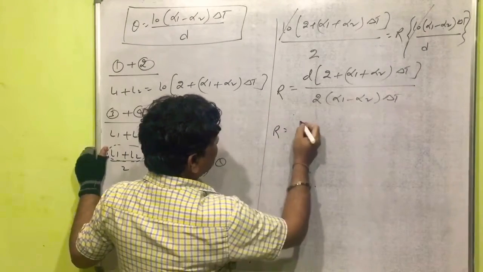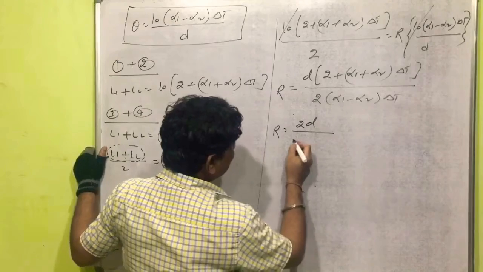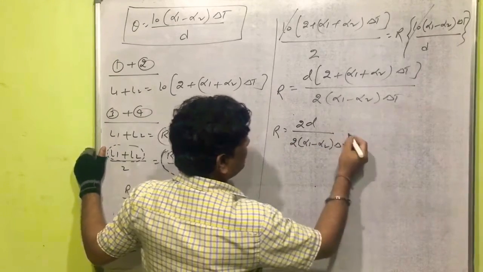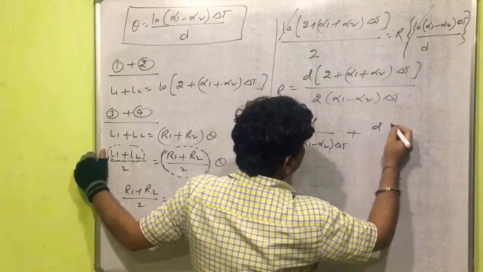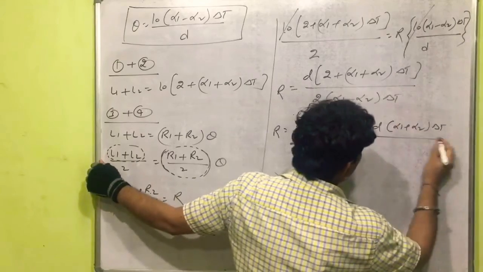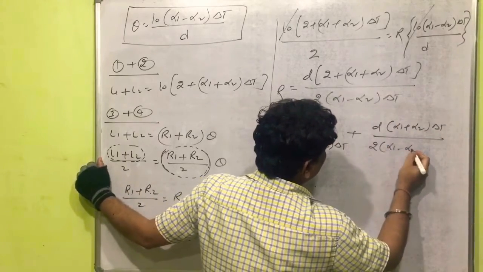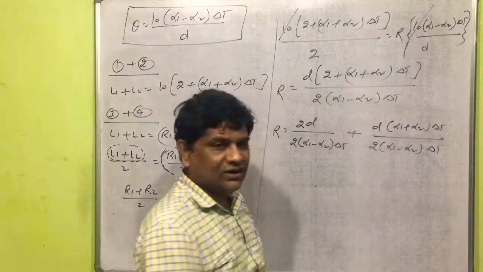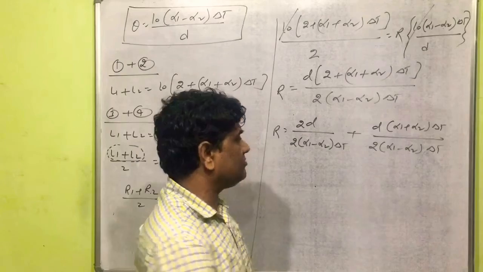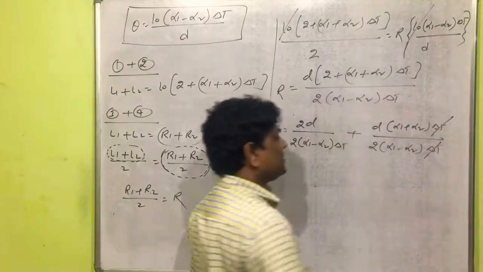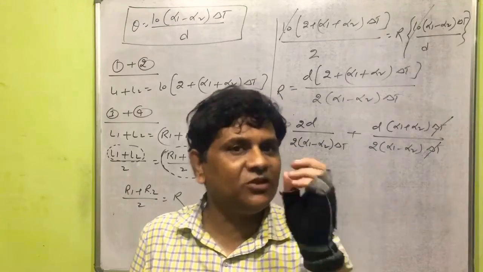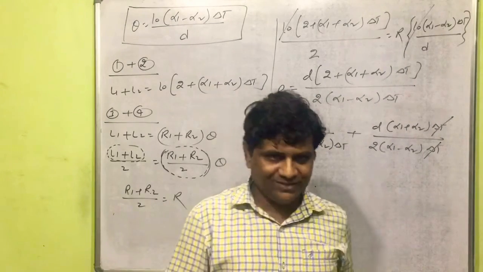R will come, it is 2D divided by 2 times alpha 1 minus alpha 2 into delta T, plus D times alpha 1 plus alpha 2 into delta T divided by 2 times alpha 1 minus alpha 2 into delta T. So we are simplifying this relation, converting it into this term. What is cancelled? Delta T. Now the picture will be clear here. The mean radius of a bimetallic strip depends upon which factors?